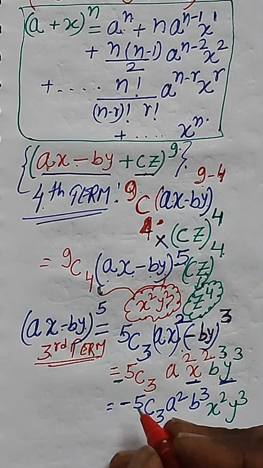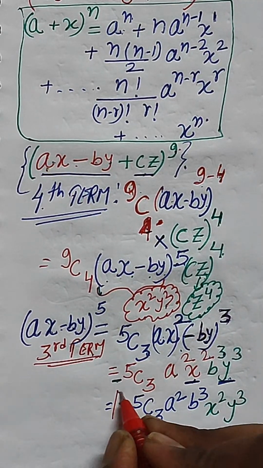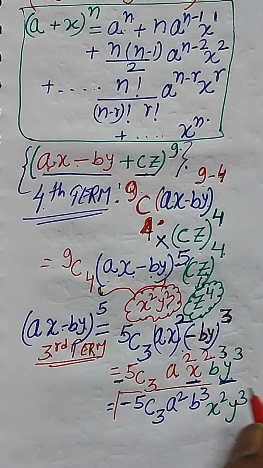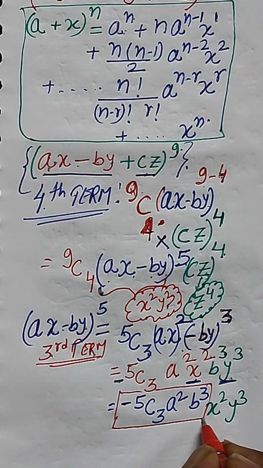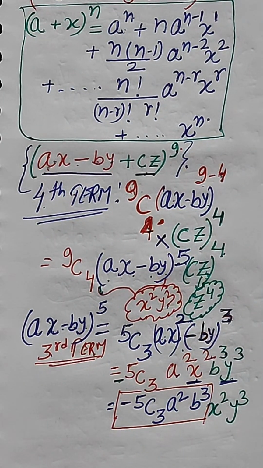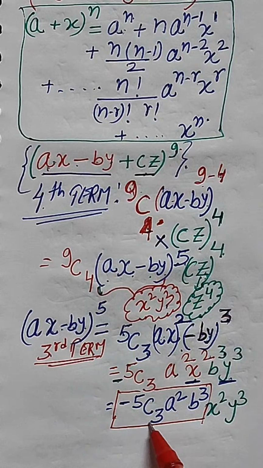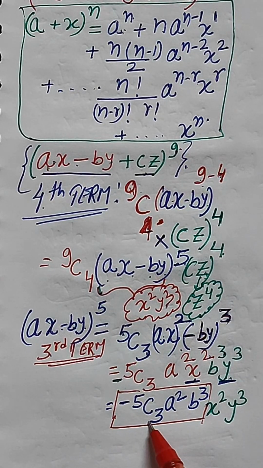So all this, minus 5c3 a square b cube, is the coefficient of x square y cube, right? This entire coefficient will be considered, right?